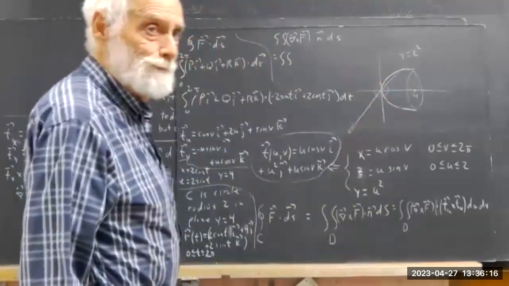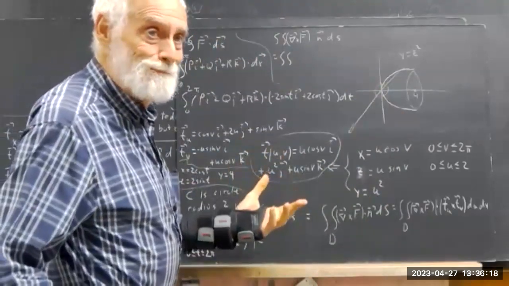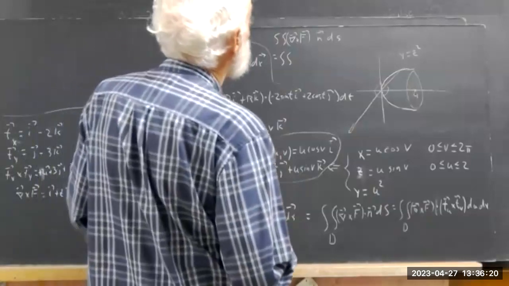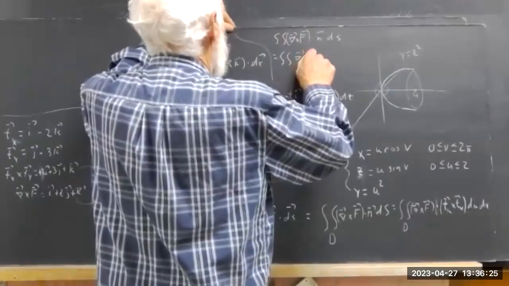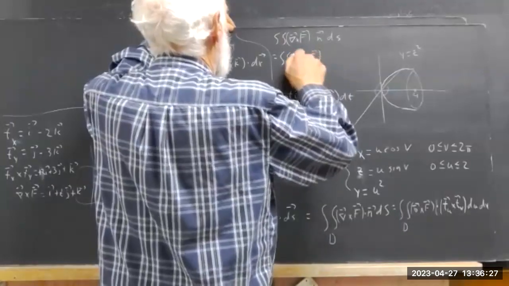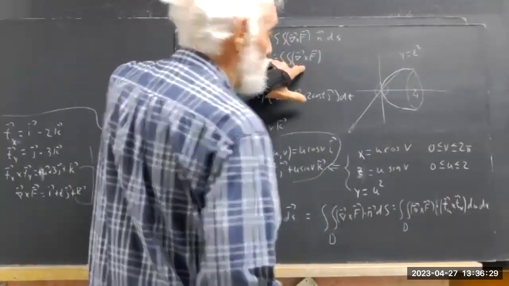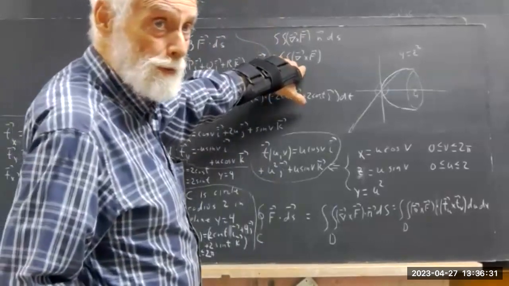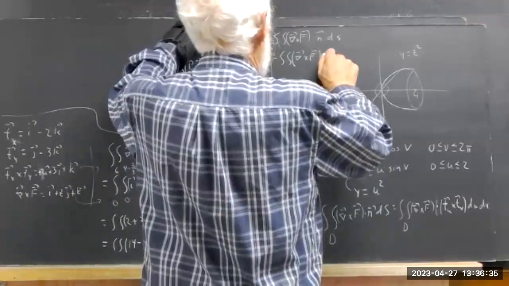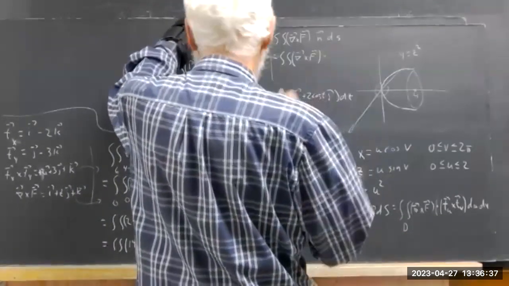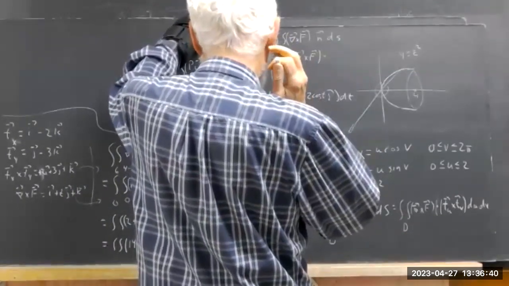Anyway, it's the cross partials with the i, j. And we could write that out with the cross partial, but it's easier to speak with this one. Okay. And then it's that dotted with Tu cross Tv.